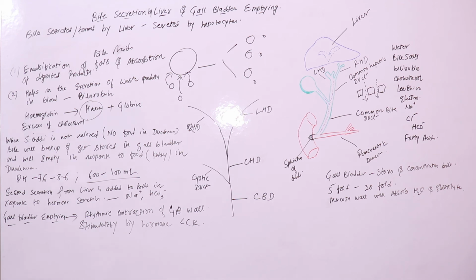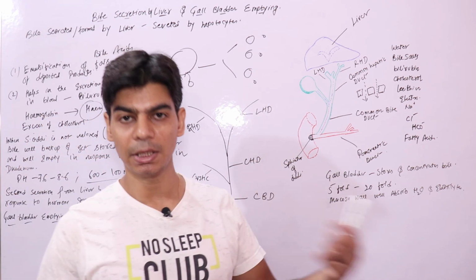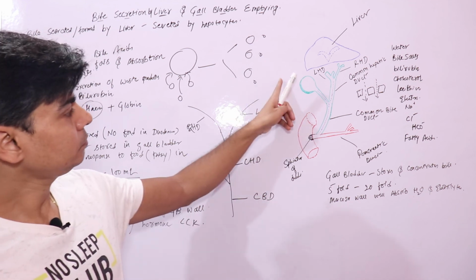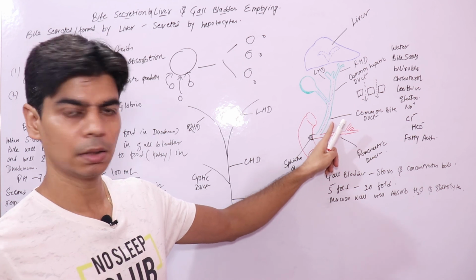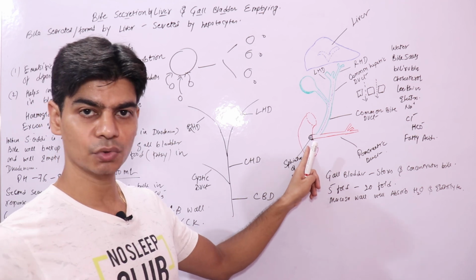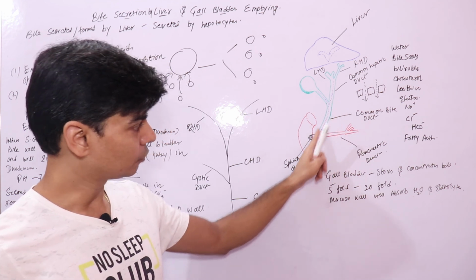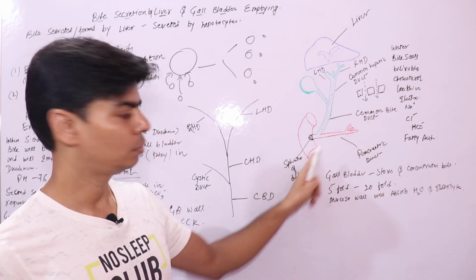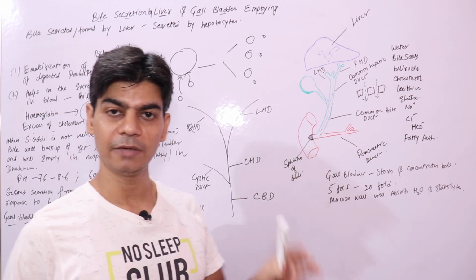So I hope all this is clear. Just understand that the bile, which is secreted by hepatocytes continuously, flows into the common bile duct. And from the common bile duct, when food is present in the duodenum, the sphincter of Oddi will relax, allowing the passage of bile into the duodenum, where bile salts will start emulsifying fats.